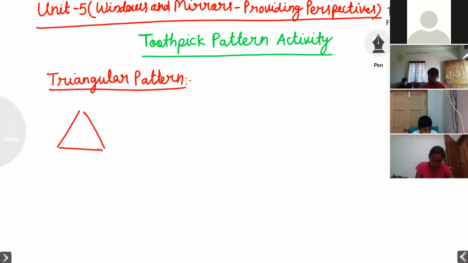First triangle. With the help of 3 toothpicks, you make a triangle.